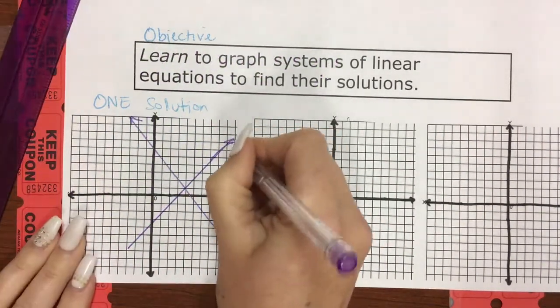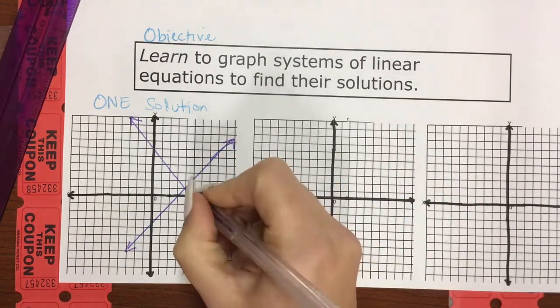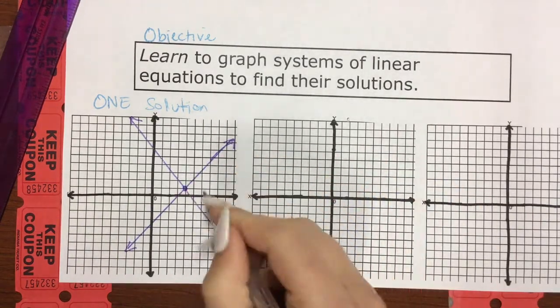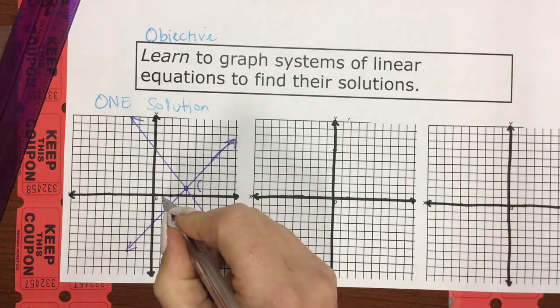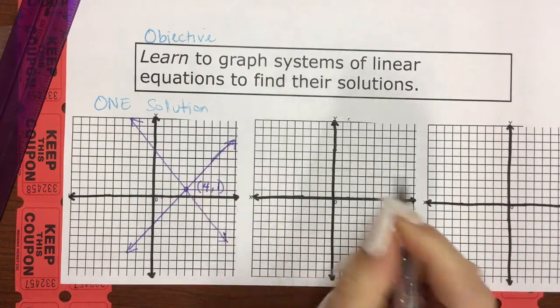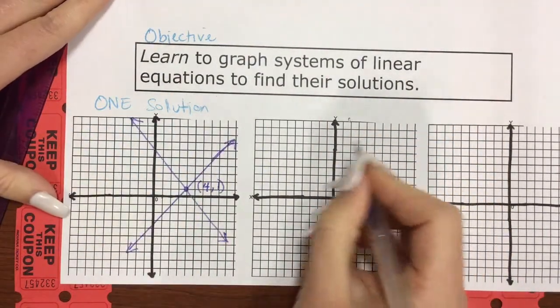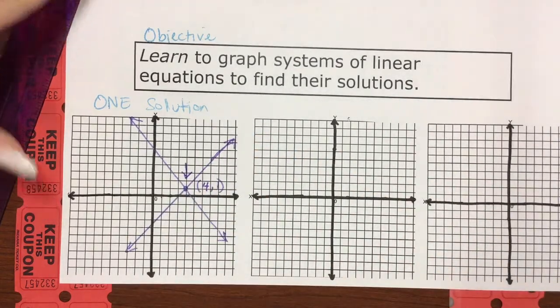And those are my two lines. This is a system, you're going to have two lines. One solution is where they intersect. And if you see, the point of intersection here is the x part is 1, 2, 3, 4, and the y part is 1. So this is an example of one solution, where the lines intersect.